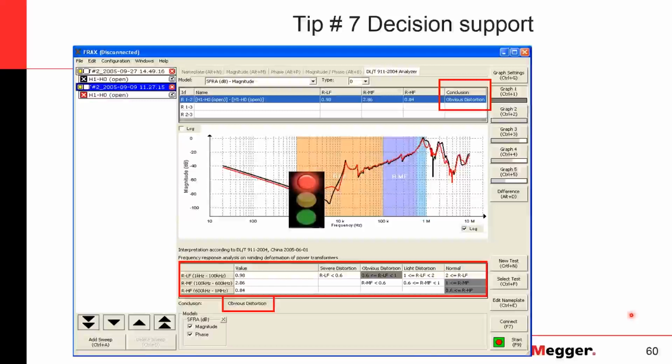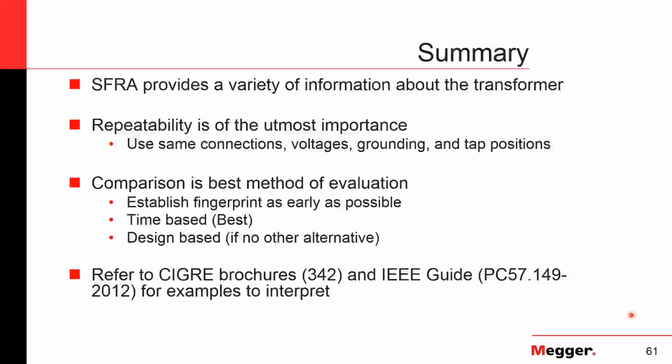But being a sensitive test, repeatability is really highly important. So you want to make sure you're always connecting the same voltages, good grounding practices. You're noting the tap positions and you're testing in the same tap positions as well. And really, comparison is the best method for evaluation. You want those reference measurements as soon as possible upon commissioning or in known good condition.